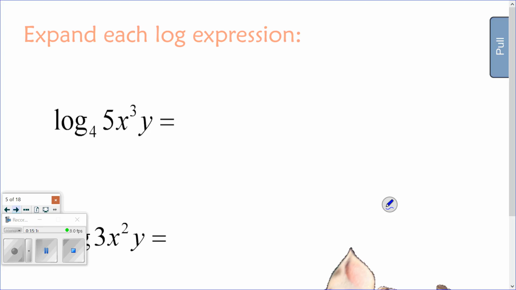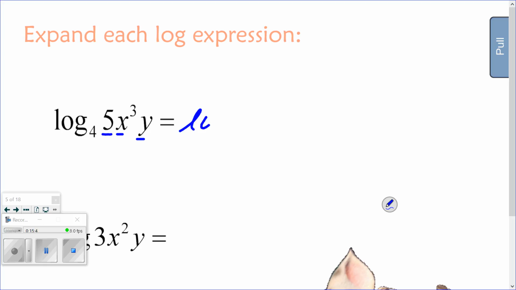How many different log pieces? How many times will I write the word log? 3. Because how many things are being multiplied together? 3. Will there be an exponent to throw in the front of any of them? On one of them. You see the one exponent? Oh, gotcha. All right, I just want to make sure we're clear on how that works, though, okay? So if I expand this, we're going to do each piece separately, okay? And so there will be 3 logs when I write this down.